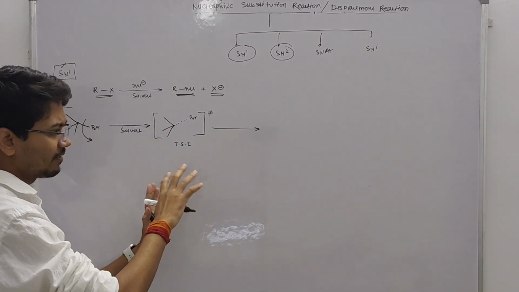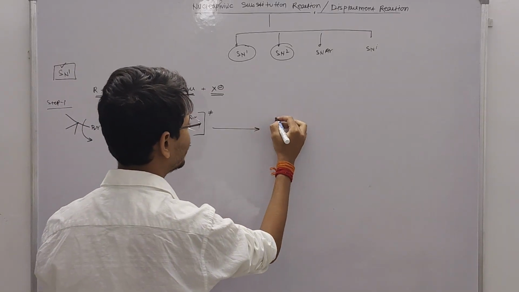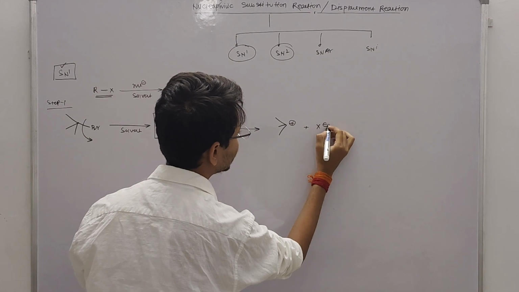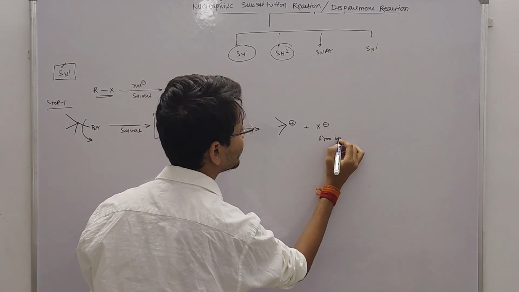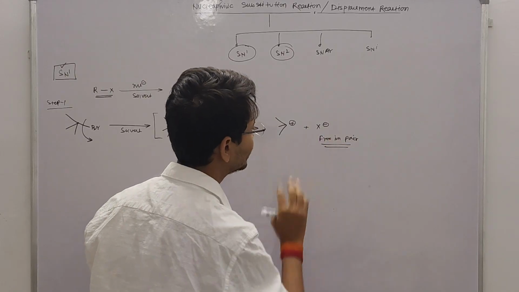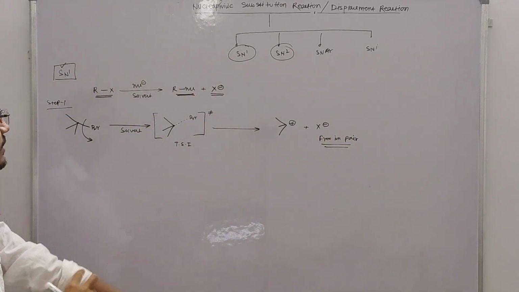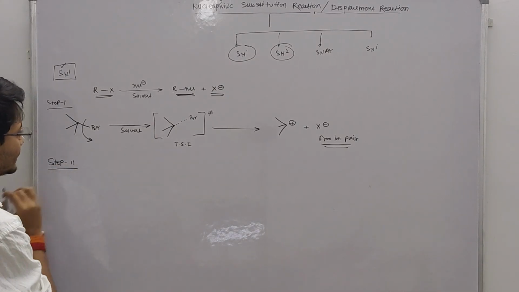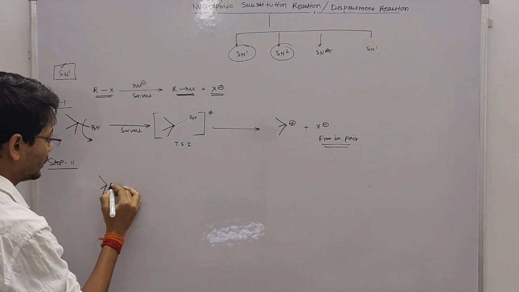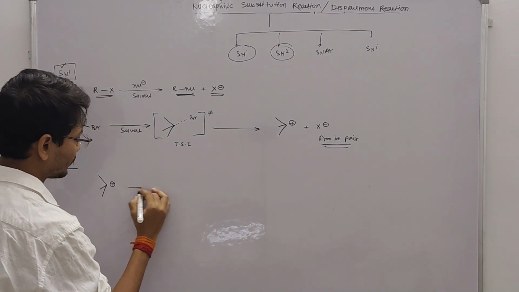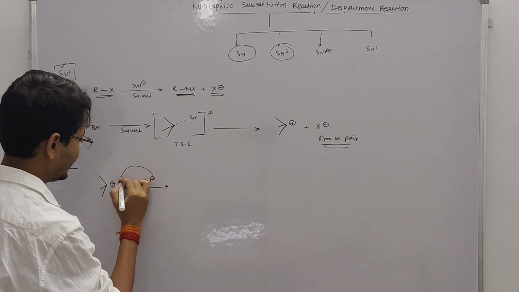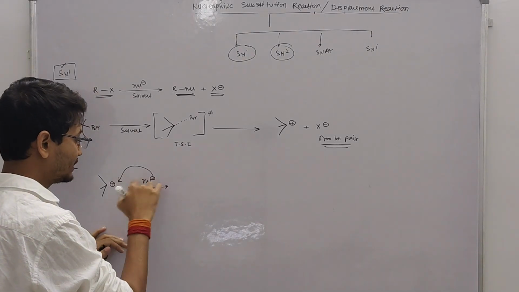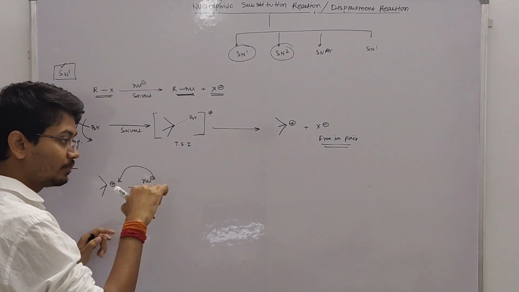After some time this bromine will kick out from the system, and you are generating this carbocation plus X minus. This is nothing but a free ion pair. Two ions are there, that's why it is known as a free ion pair. This is the first step. In the second step, the nucleophile attacks this carbocation, and the nucleophile and this carbon make a bond.